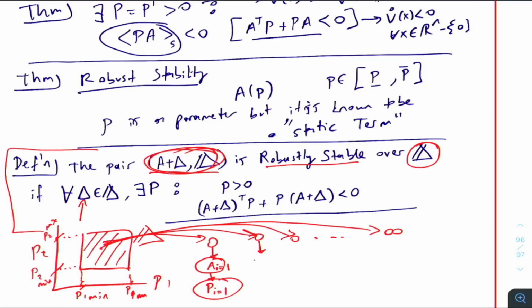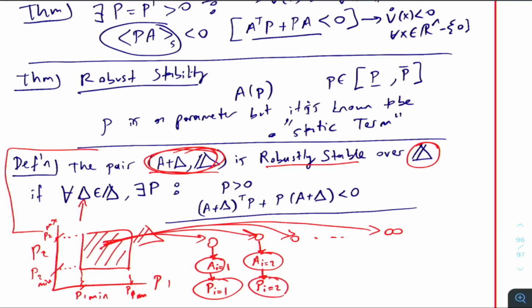And for i equals 2, we have a numerical matrix A, and for that we will compute some P, the Lyapunov matrix, i equals 2.